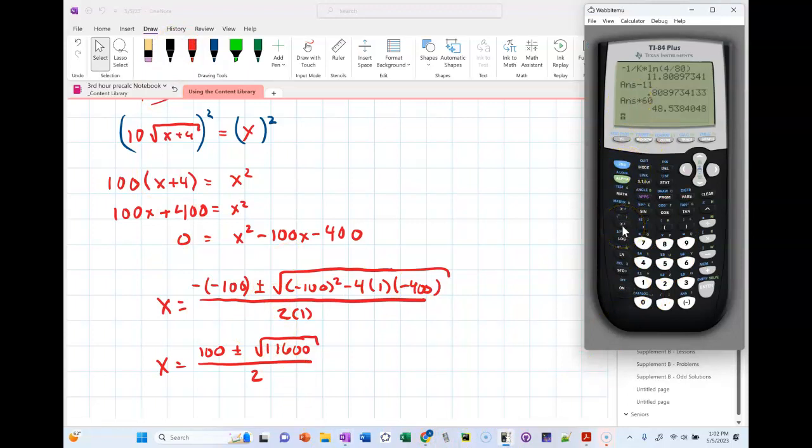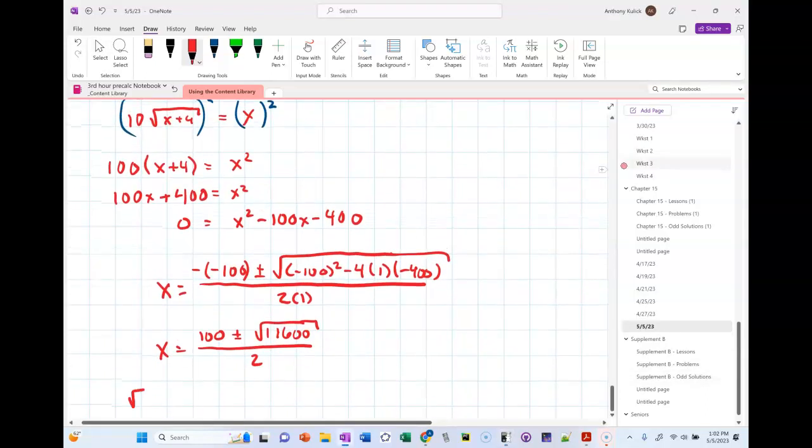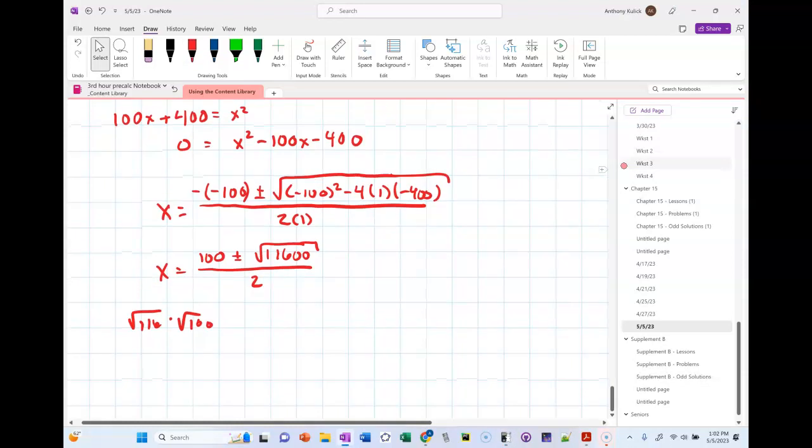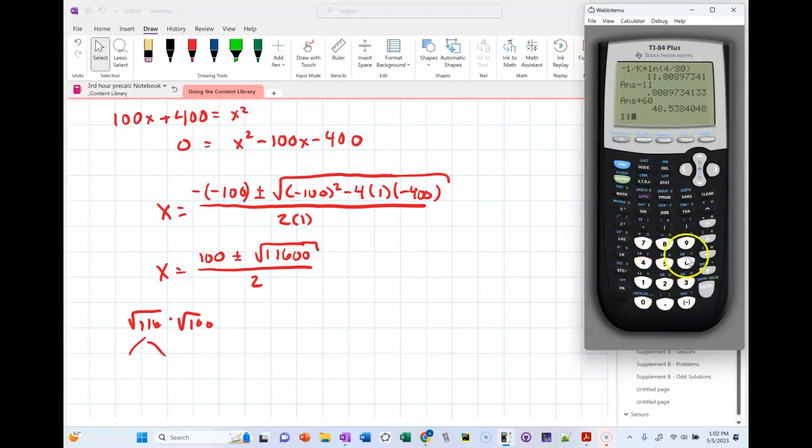no. Okay. So clearly I know that I can take out a factor of 10 because I can make that 116 and 100, right? So then I'm going to worry about the 116. That looks like it probably has a 4 in it. Yup.